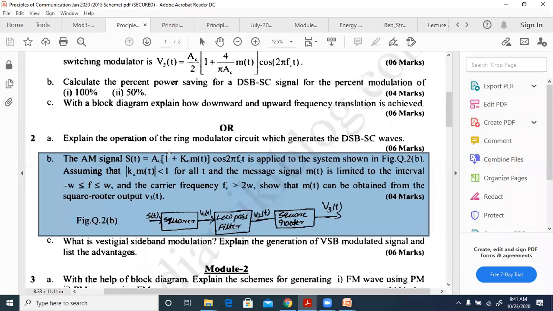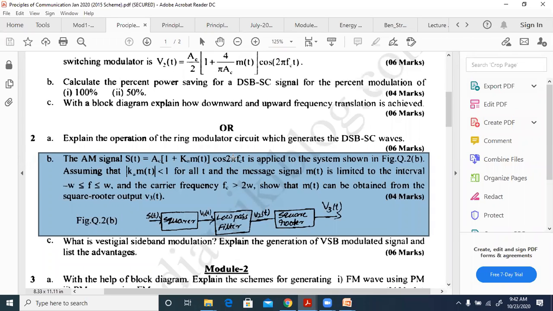Now, if you pass that signal through the low pass filter, then that cos of 4 pi fc t term will be filtered off, and it will pass only Ac squared [1 + ka m(t)] whole squared divided by 2, because we have half there in place of the term over here. If you square this term and simplify, you'll get half plus cos of 4 pi fc t divided by 2.